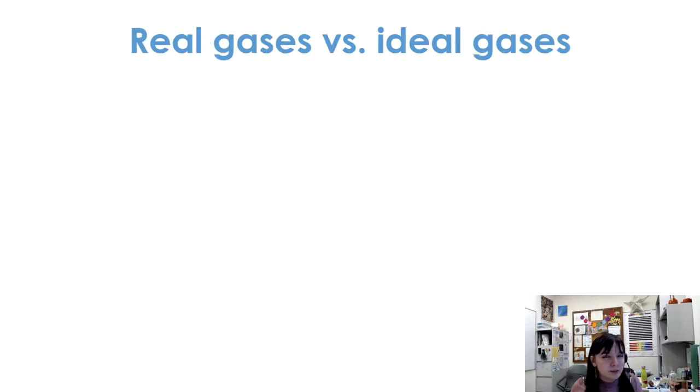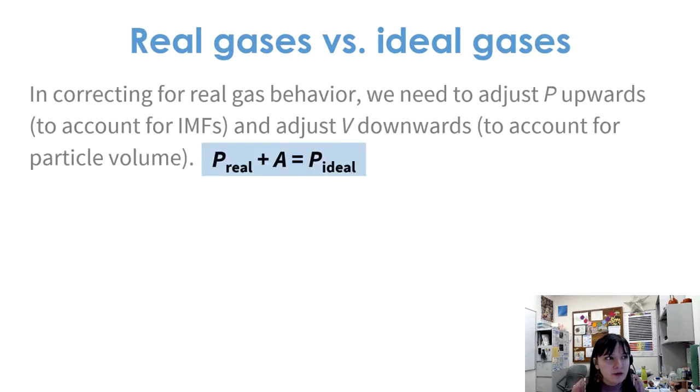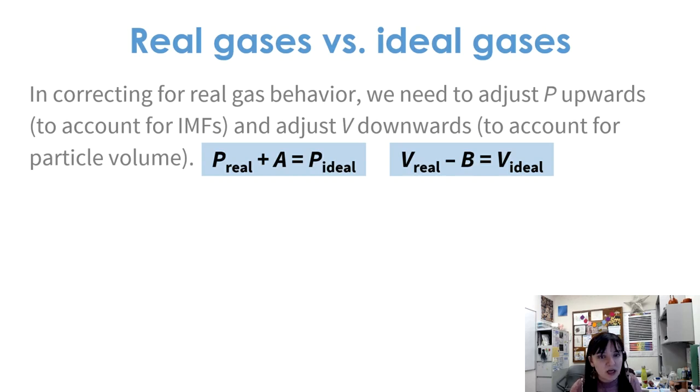All right, so let's put these things together. As we've already said, when we account for real gas behavior, we're going to need to change both the pressure and volume that we assumed in the ideal gas law. Because a real gas is going to have a lower pressure than is ideal, we would need to add some kind of correction to make it equal.